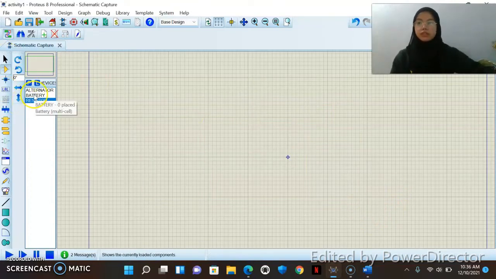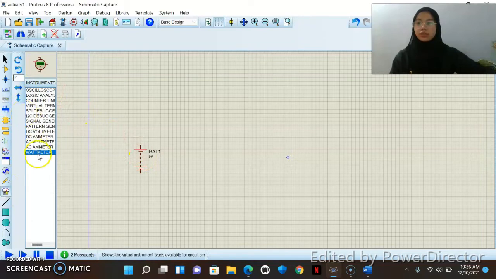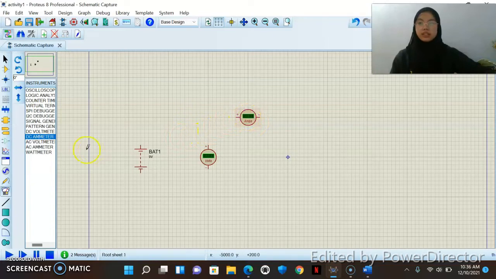First we set the battery as the DC source for the circuit. Then connect it to a DC voltmeter, which finds the DC voltage of this circuit, and also the DC ammeter to check the current, and the wattmeter to measure the power in this circuit.